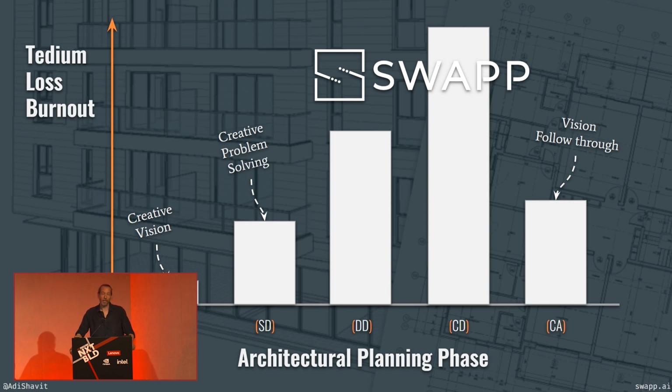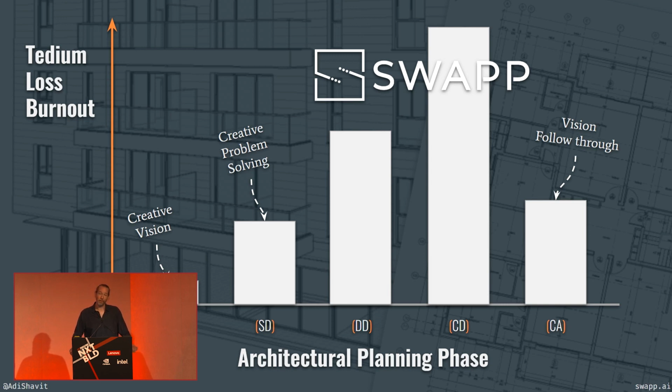I know there's a lot of FOMO here about AI and about what's going to happen to my day-to-day job, and we've heard people speaking about this since the morning. But SWAPP isn't here to do that. SWAPP is here to make the drudgery go away, to take the tedious parts of the work away and make it significantly more efficient.